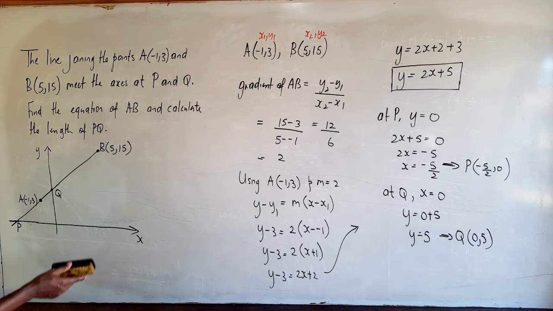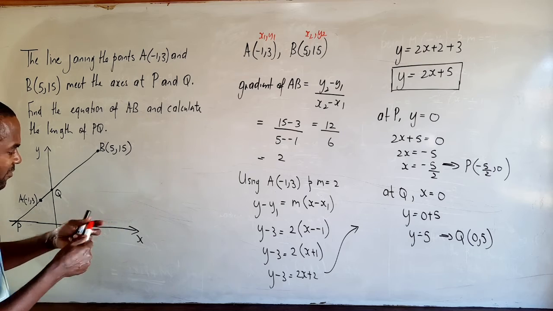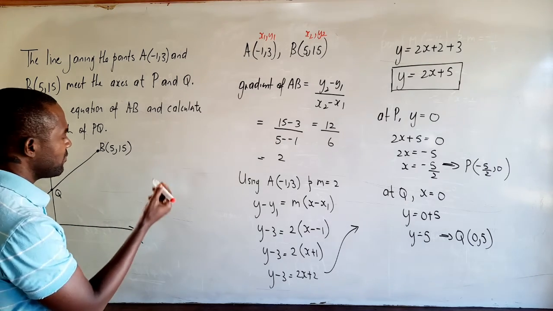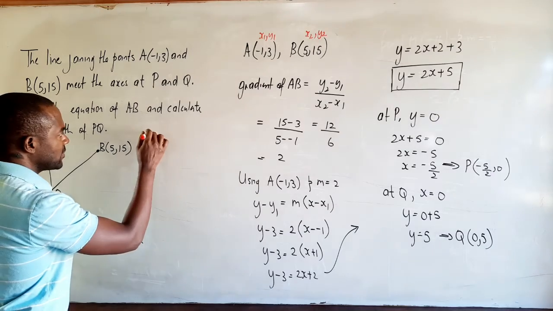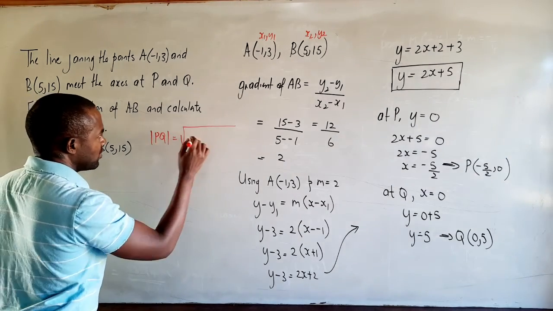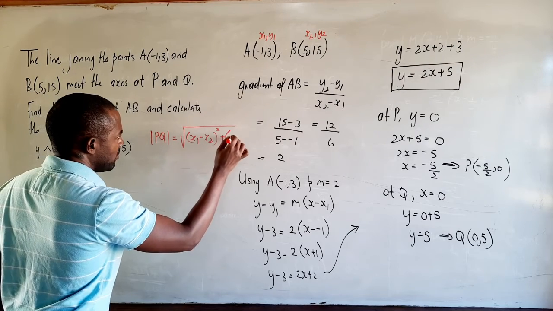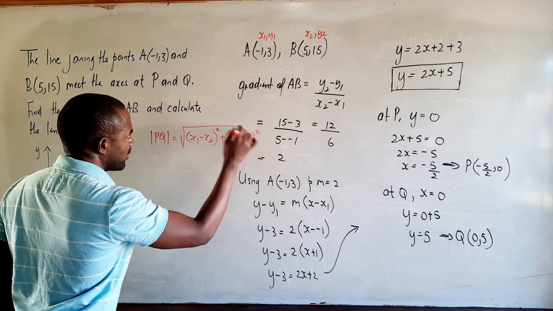So let's make some space. All right, let's just do it here. I want to find the length of PQ. If you recall, the length of any line PQ is equal to the root of (x1 minus x2) squared plus (y1 minus y2) squared.